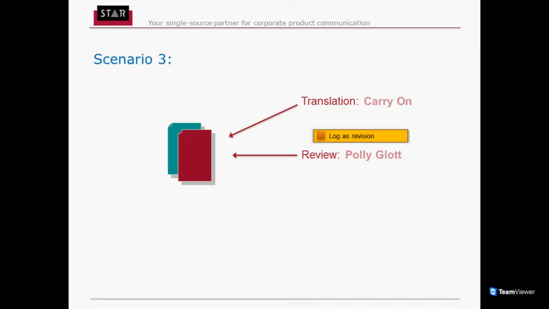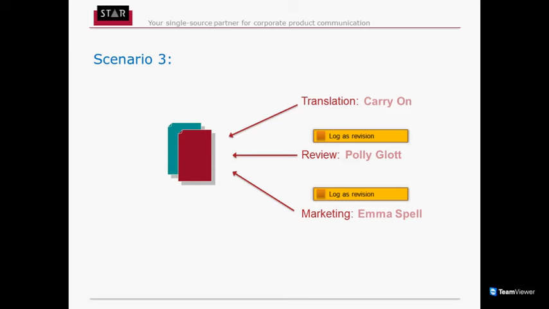And if she wants to record everything she changes, she takes the option log as revision. And when the marketing department has, after that, also a look at the language pair, and Mrs. Spell also wants to record her changes, she also ticks or activates the option log as revision.